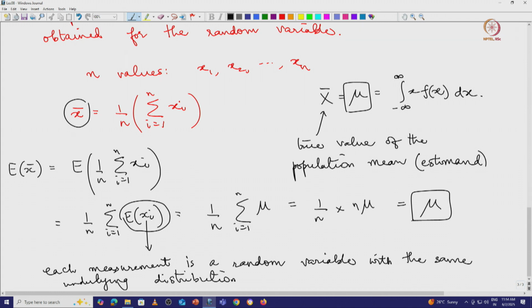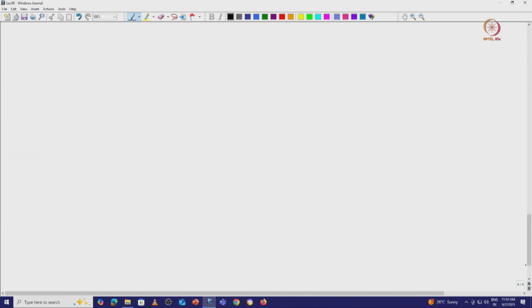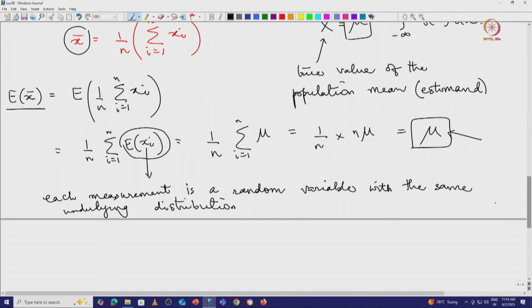So, we have proved that the expected value of the sample mean is equal to the population mean. What this means in terms of the bias that we had defined a while ago is that the bias of x bar is equal to the expected value of x bar minus the true value of the estimate, which is mu, and we have just proved above that the expected value of x bar is mu.